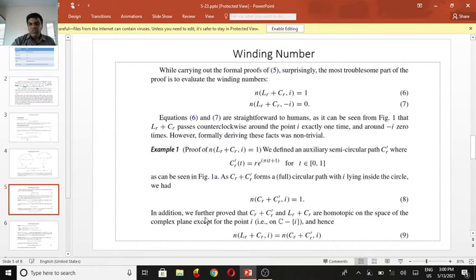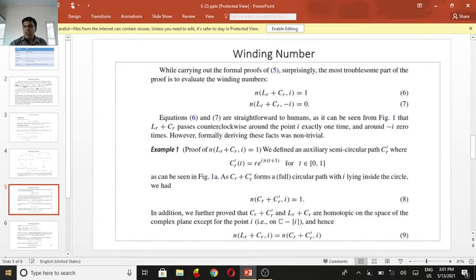In addition, we further prove that the closed paths CR plus CR dash and LR plus CR are homotopic in the complex plane except for the point i.